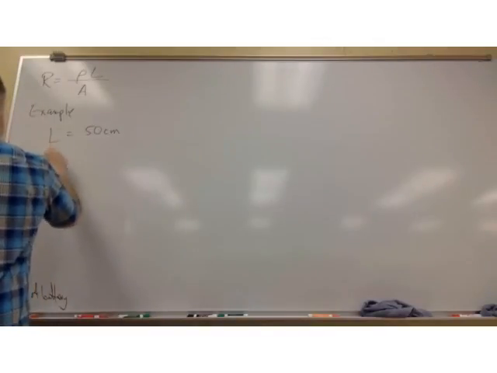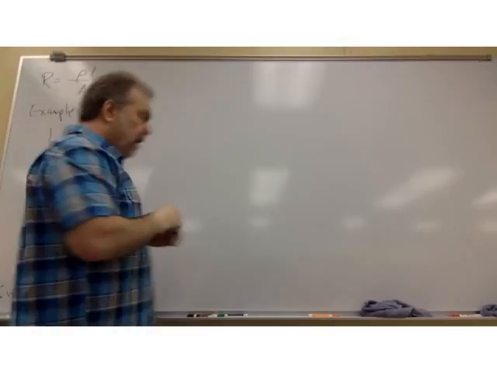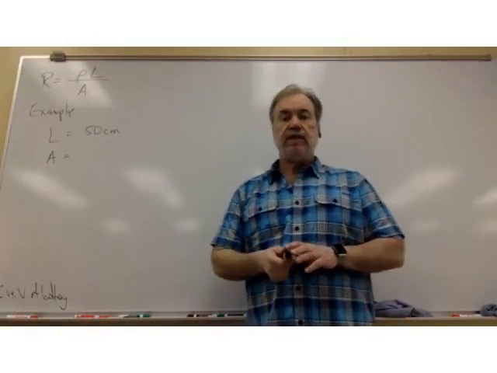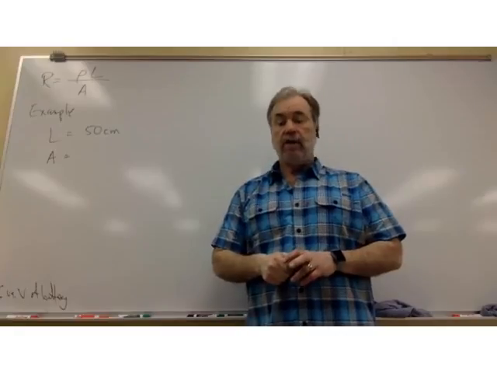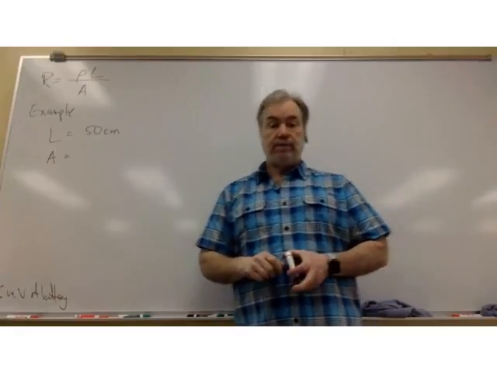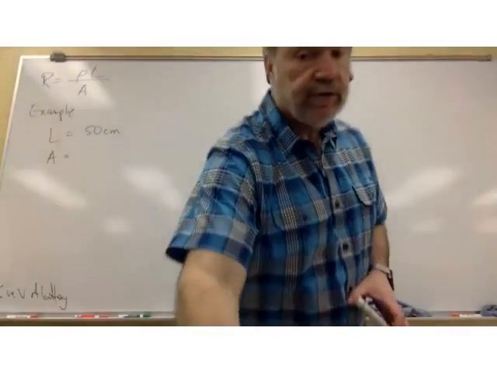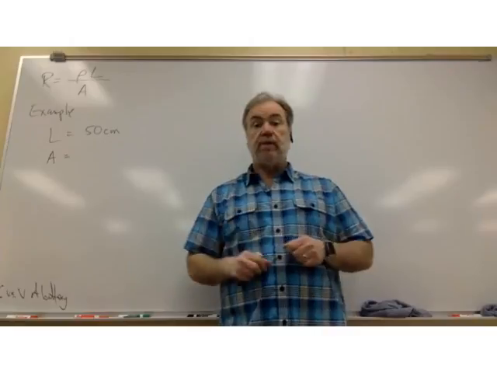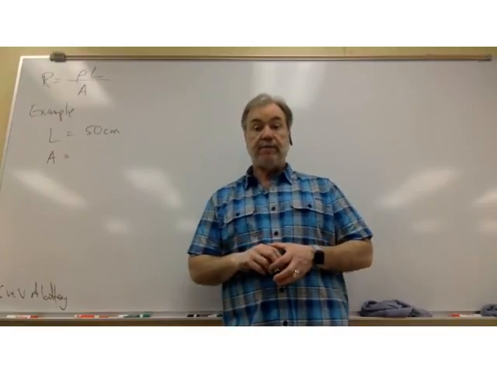and the cross-sectional area of these things. Now, I don't want to get too complicated into this, but I don't want to lie to you either. Many wires, particularly things like alligator clips, are very flexible.